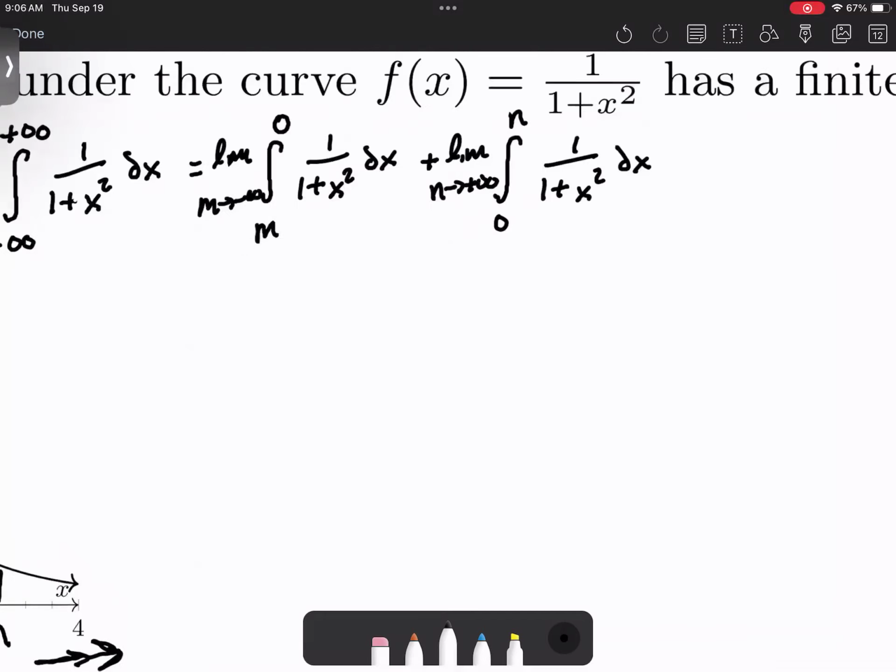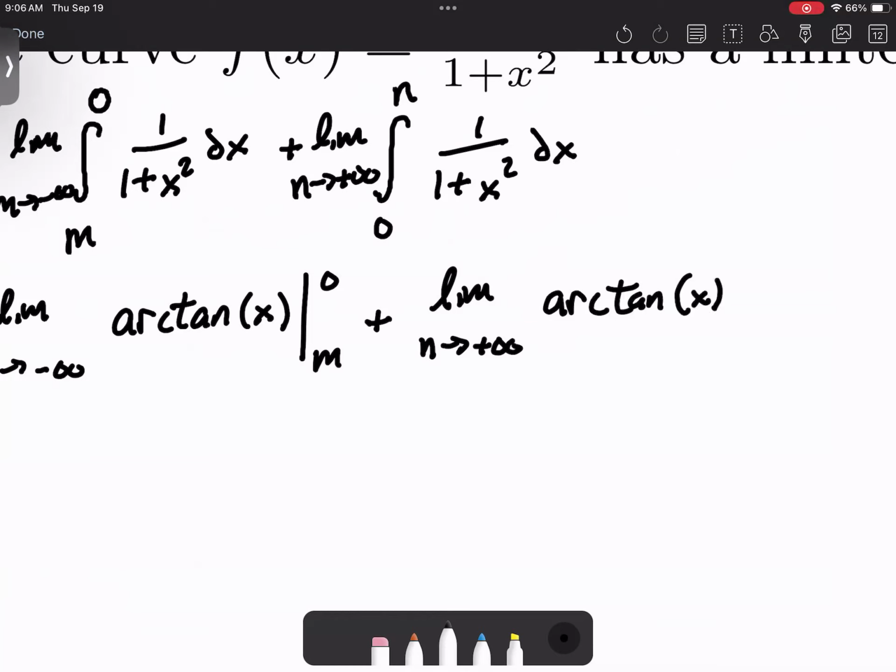And obviously, the next function has the same antiderivative, so this will be limit as n will move eventually all the way to the right, arctangent x evaluated between 0 and n.